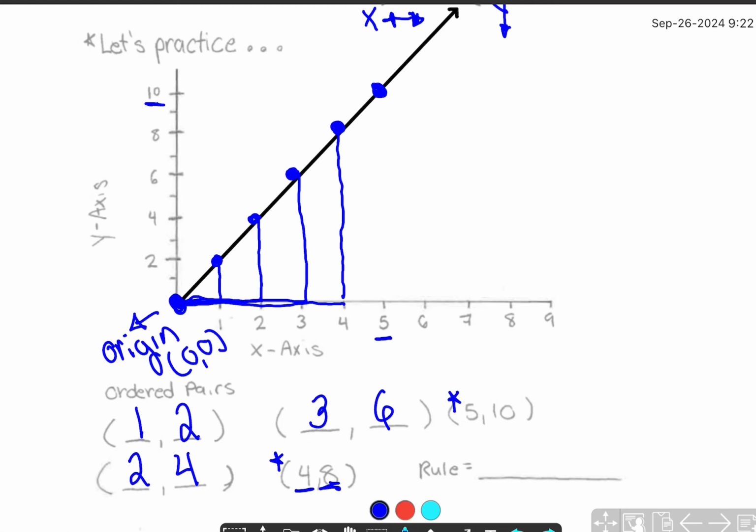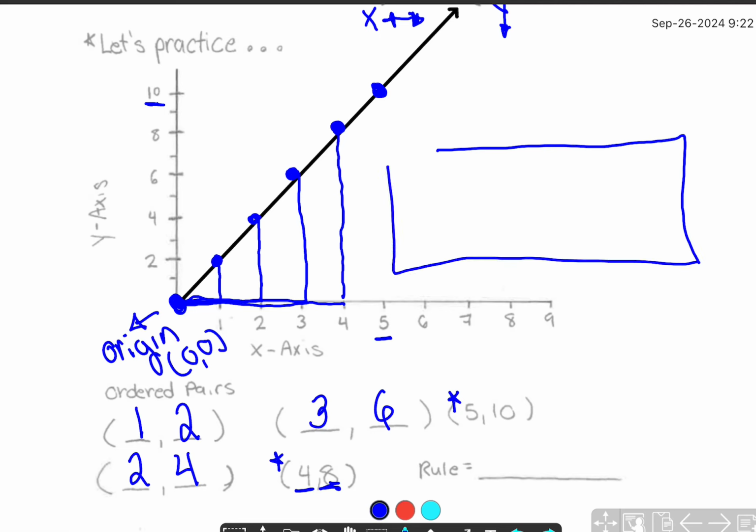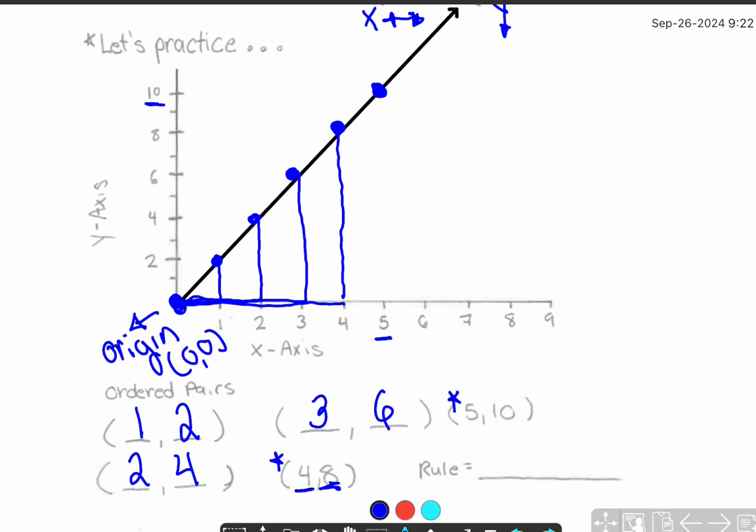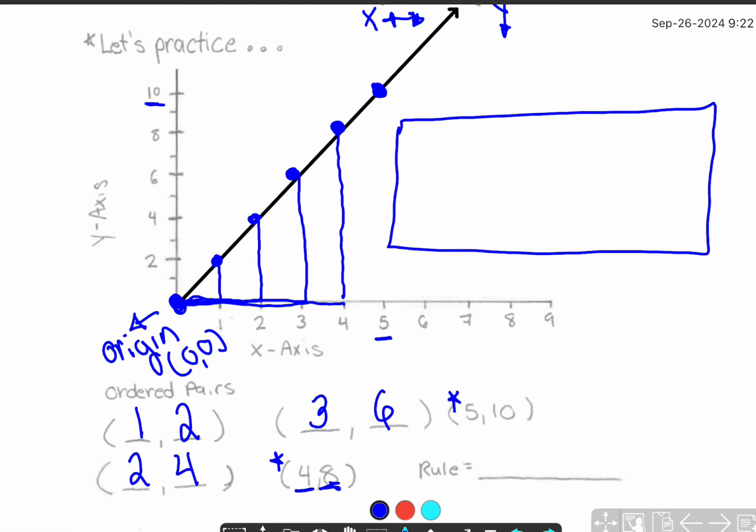The way you can do that is by making your own function table. Mine's a little bit crooked, I'll try to make it better. So we're going to make a function table for our x numbers and our y numbers.